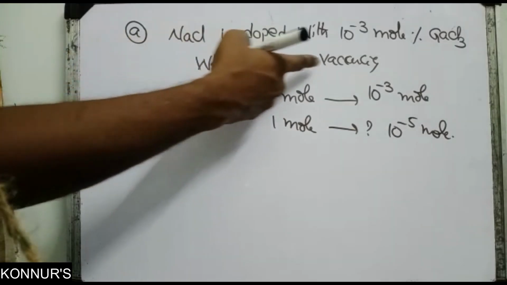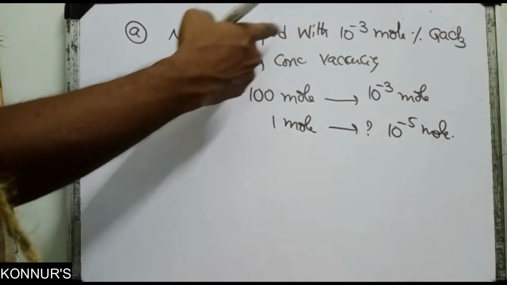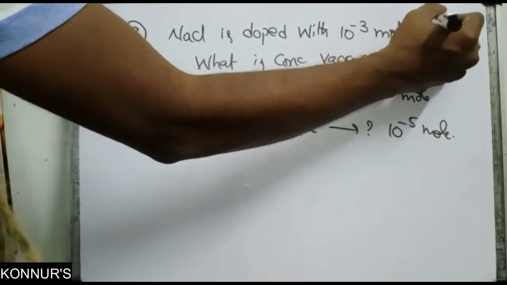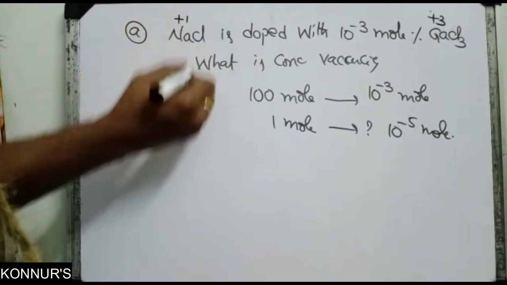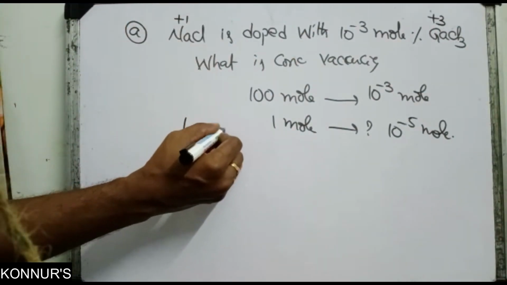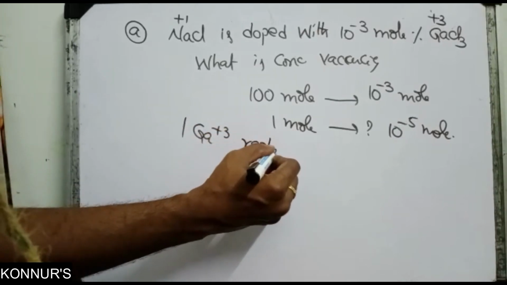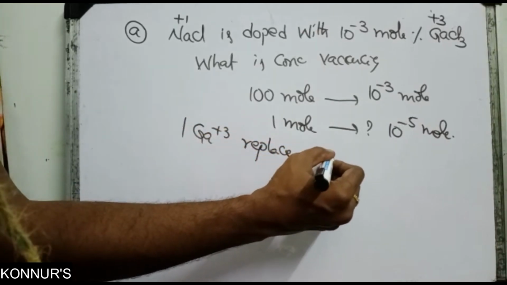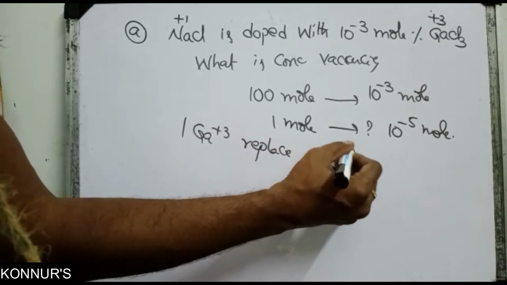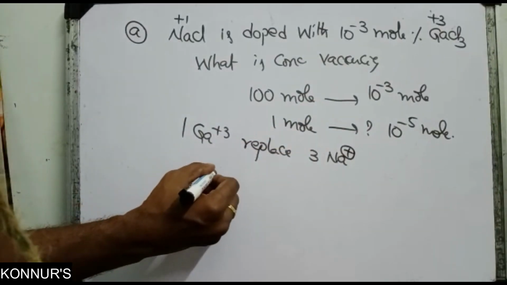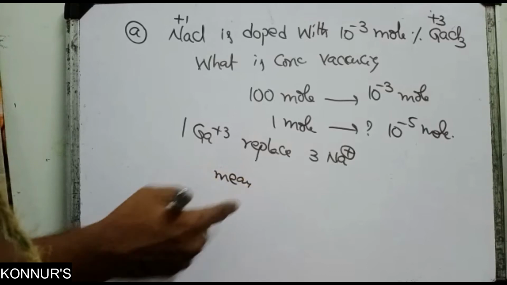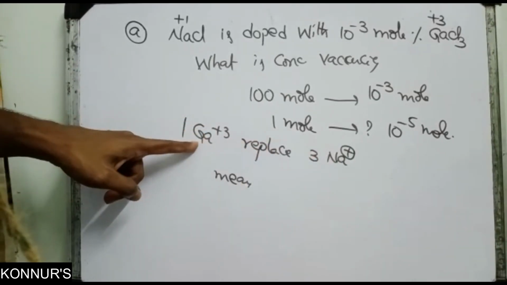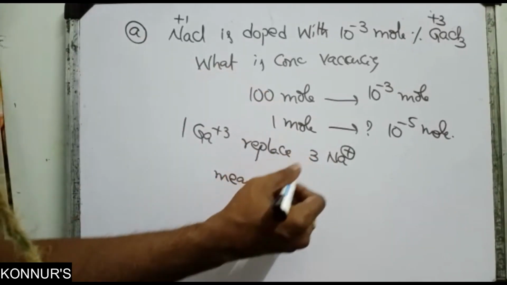Here they are asking about vacancies. Gallium is in the plus 3 oxidation state, and sodium is plus 1. So 1 gallium plus 3 replaces 3 Na plus ions. One place is occupied by gallium plus 3, and the remaining vacancies are 2.